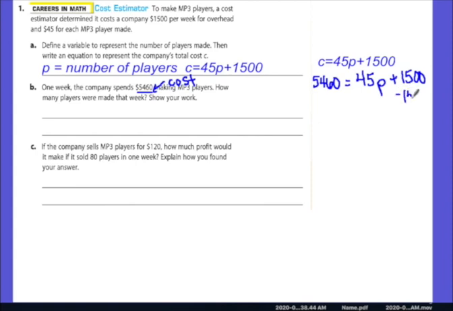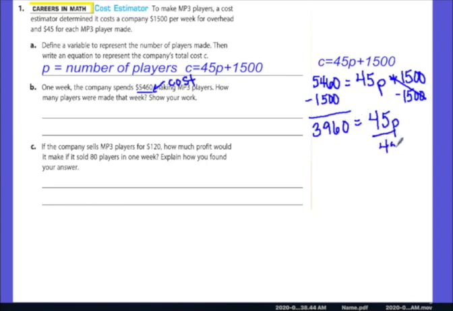So to solve this equation, first we're going to subtract 1,500 from both sides. When we do that, we get 45p will then equal 3,960.